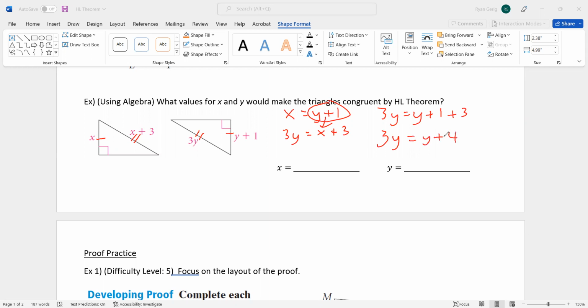Subtract the y, I get 2y equals 4, and I get y equals 2. Now I can plug that in and get x. So let's do that down here. X equals 2 plus 1, which is 3. You can check it just to make sure, plug those in, and those should make congruent sides.